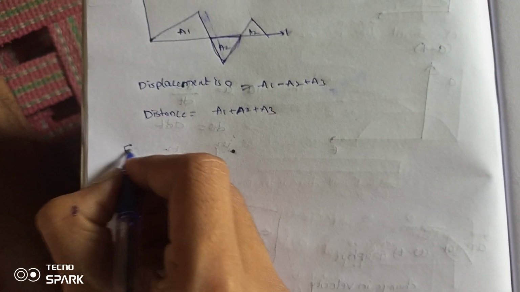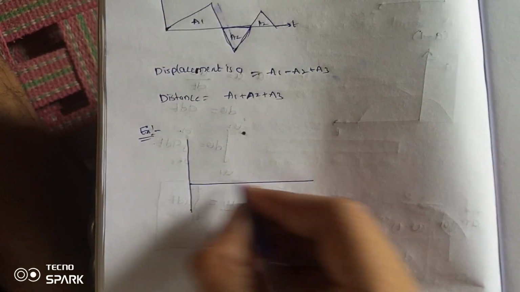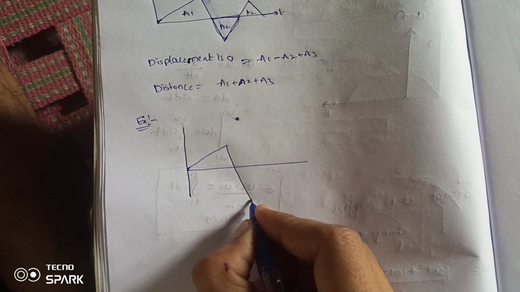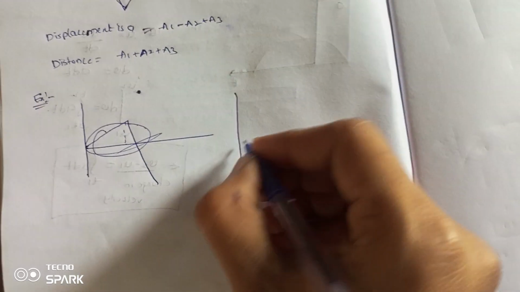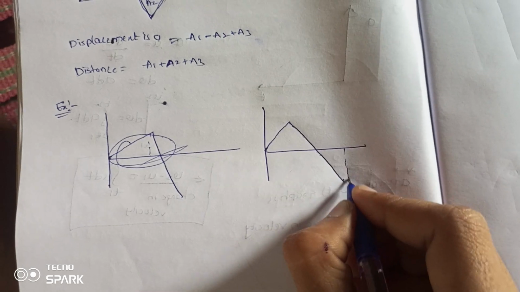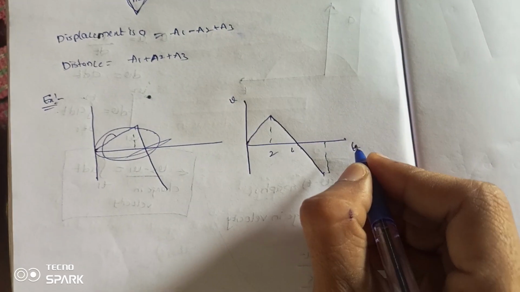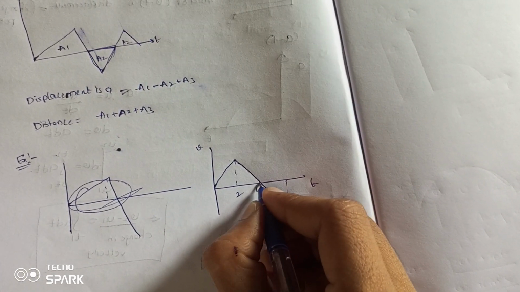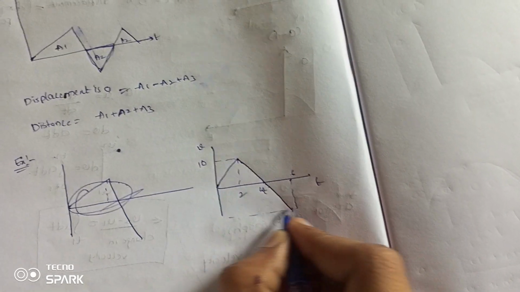Okay, and next I will explain with a small example. Here the points are 2, 4, 6, with heights 10 and minus 10.